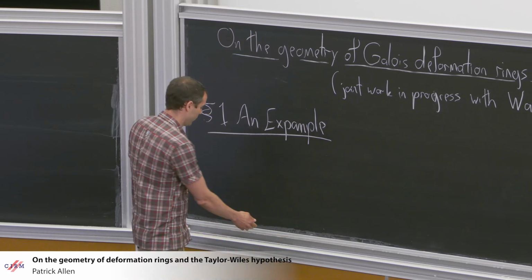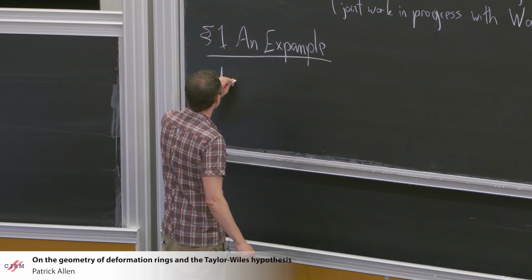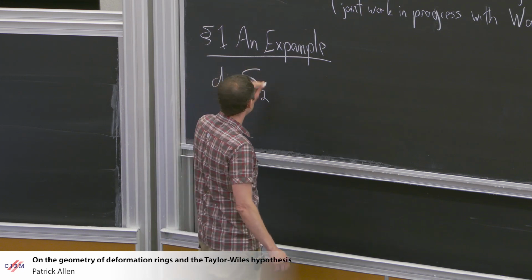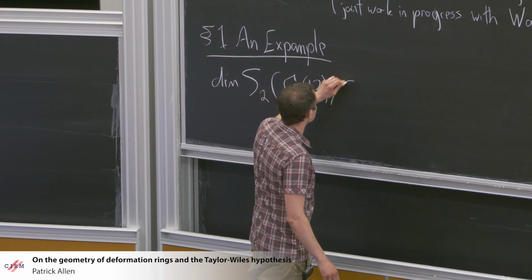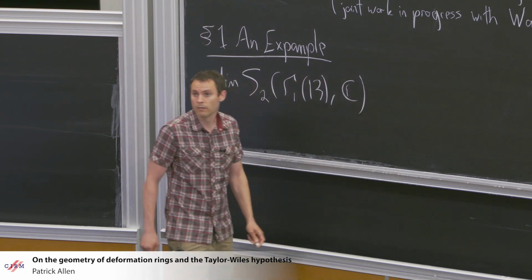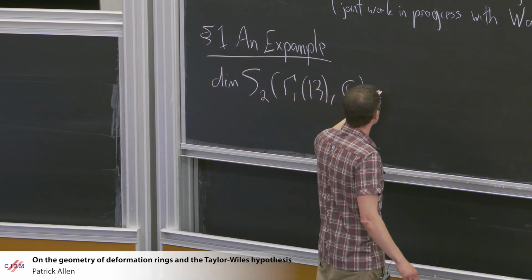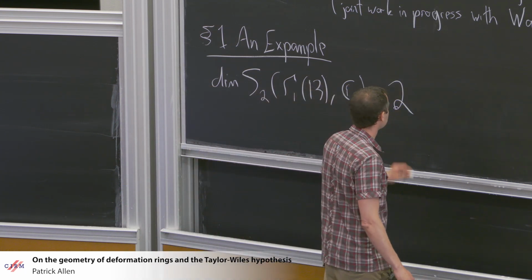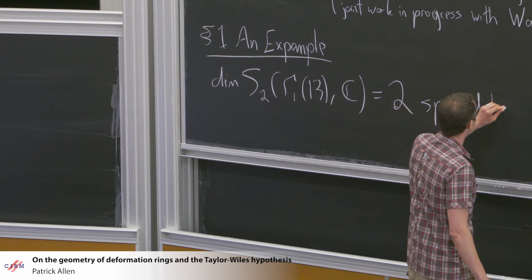So I want to look first at the space of weight 2 modular forms on Gamma_1(13). Okay, this is my favorite space of modular forms right now. This is a two-dimensional space spanned by newforms.